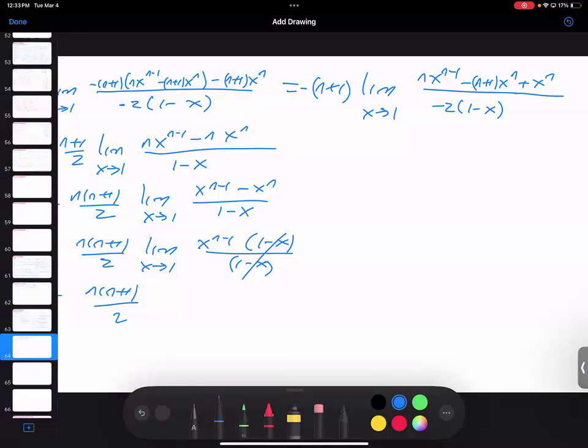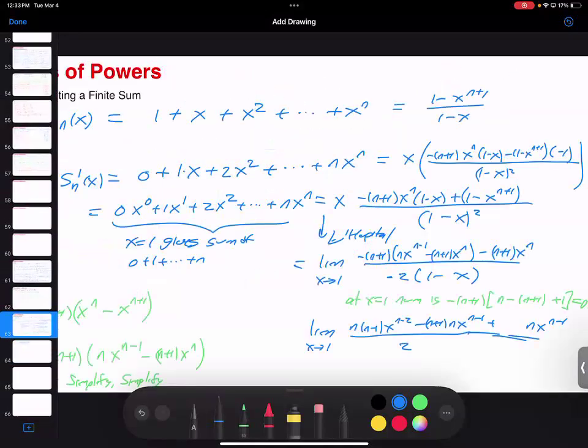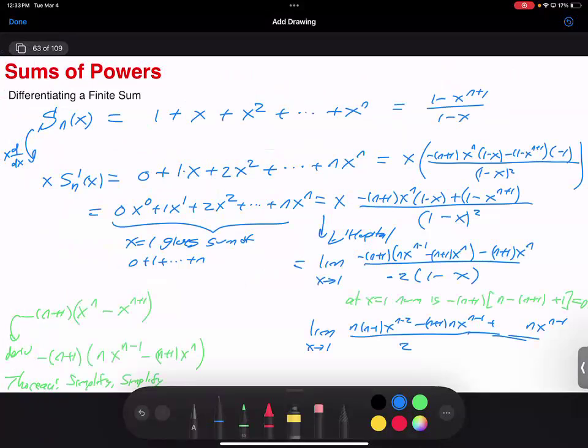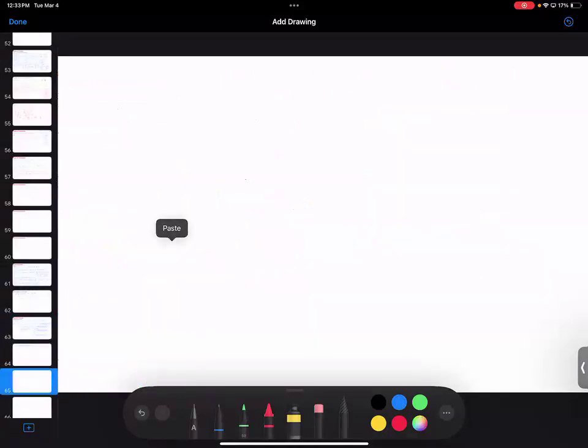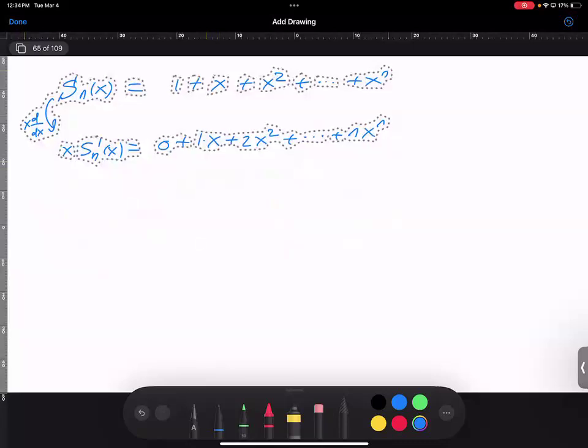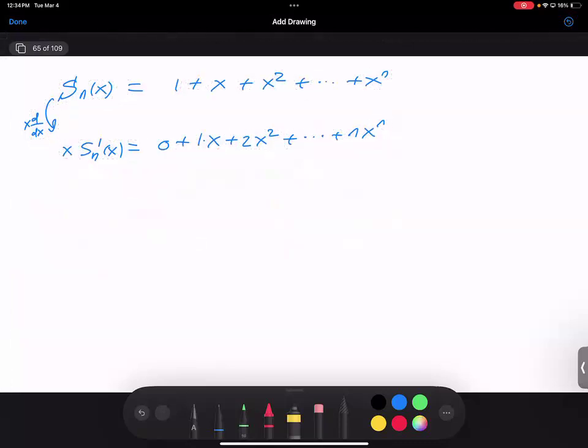Now, there was a reason I used the operator x d by dx, because when I did that, I kept the power of x the same.